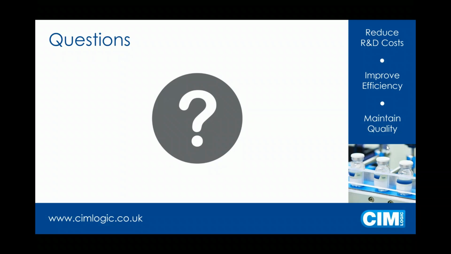Yeah. So time for one more question. I've got a question here as to how that would work in data collection if I had multiple sites. So multiple sites is an interesting question. Again, this is where something like cloud computing would come in. You could have a single instance of software within a cloud environment, and still make use of these smart data collectors, smart devices on the shop floor.